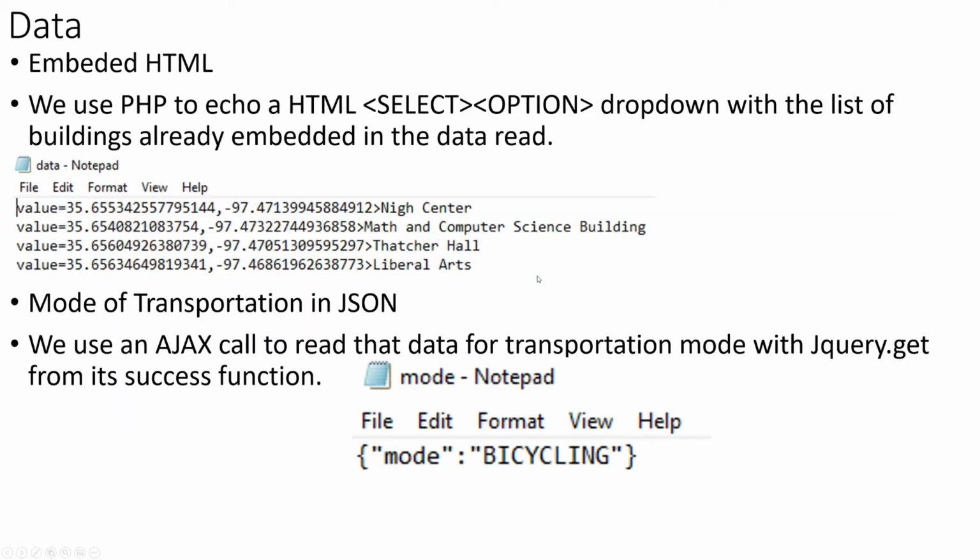And then next here is the data. So as stated earlier, through an echo, we're able to have it act as if it was HTML code in the file itself. And here's the data that it reads. This just patches in perfectly. Here is the coordinate from the start point, and then here's the title.